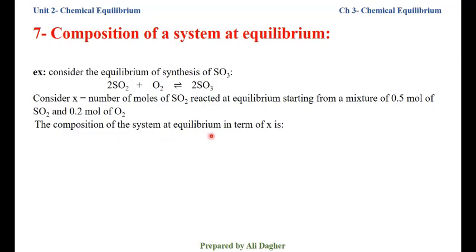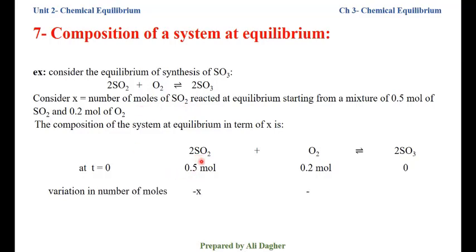The composition of the system at equilibrium in terms of X is: we write the equation. At T equals 0, the initial numbers of moles are 0.5 mole for SO2, 0.2 mole for O2, and 0 mole for the product SO3, because nothing is given for SO3 at the beginning.